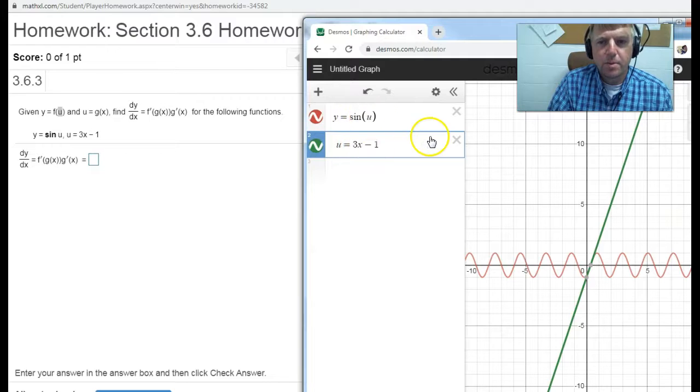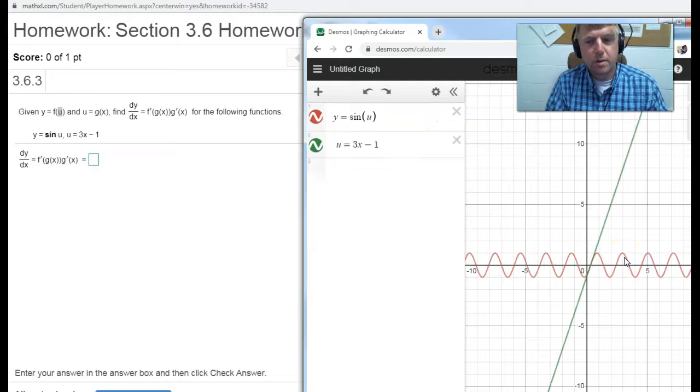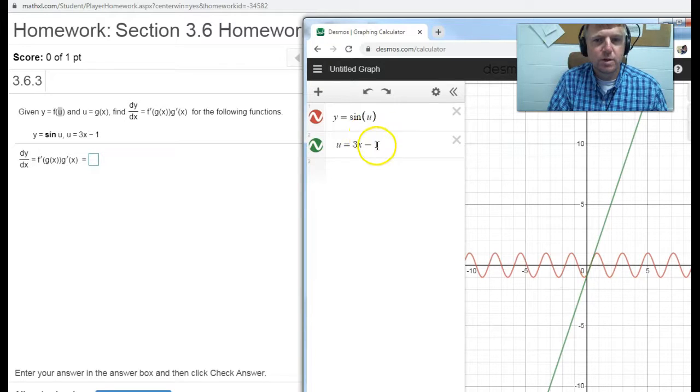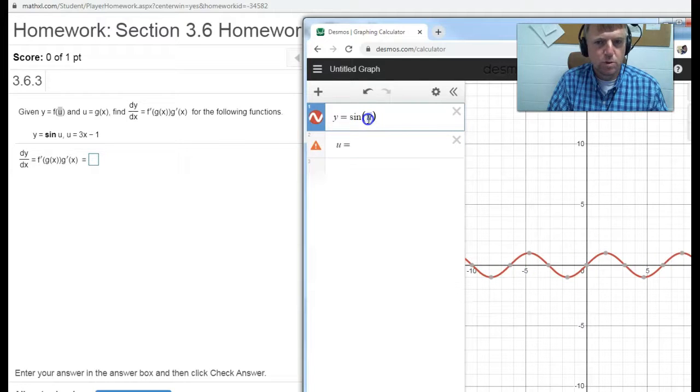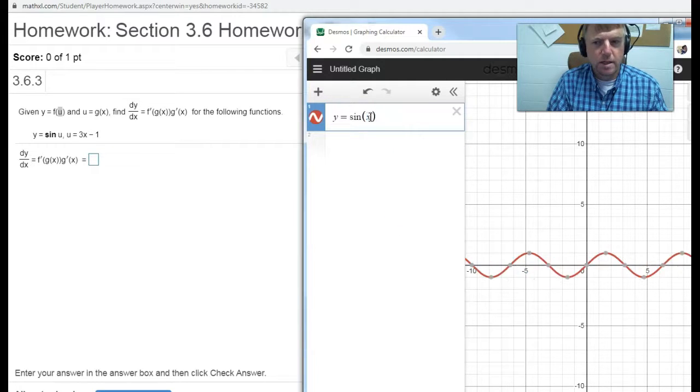But notice what happened there when I take that away, I get the regular sine function. But when I put it back there, it gets squeezed in, and that's because of what this is doing to that graph. Literally what we're doing is we're replacing that inner variable with 3x minus 1. Alright, if it were just x, it looks like the sine function.